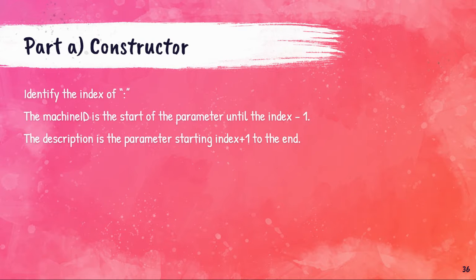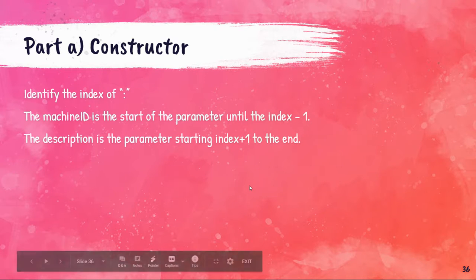So the constructor, how do I do that? I've got a string. I've got to identify the colon in the parameter. Machine ID is going to be that message starting at 0 going to the index minus 1. And then the description is going to start at index plus 1 and go all the way to the end.